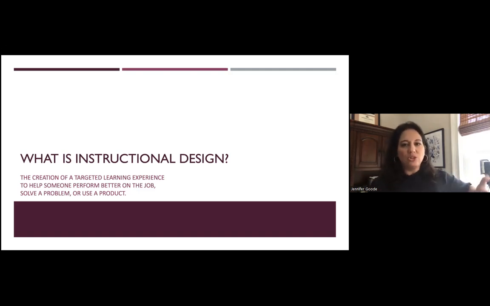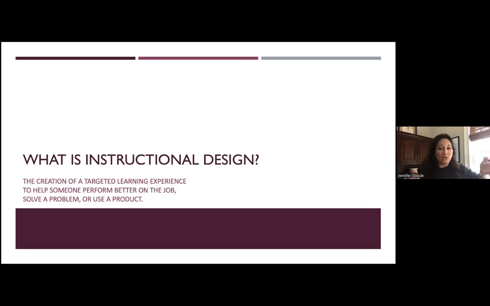I'm just telling you in general what I consider it to be: creation. We don't just accidentally have instructional design. We purposely create it. It's a targeted learning experience. We have a set of users or learners that we're really trying to shape, form, direct, or grow to help somebody perform better on their job, to help them solve a problem, or to help them use a product, right?